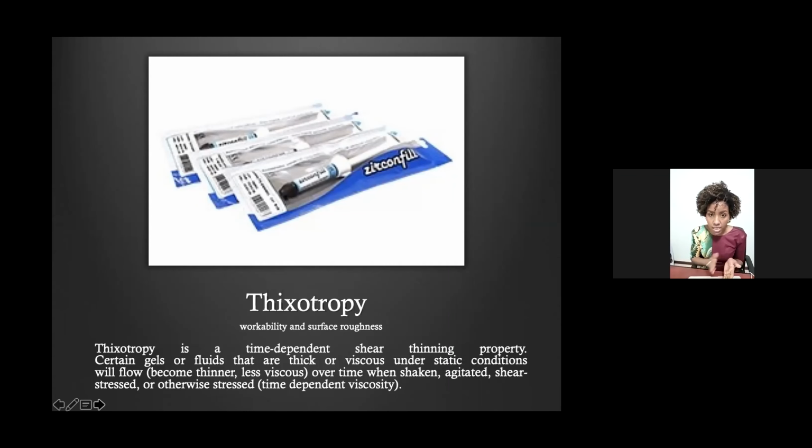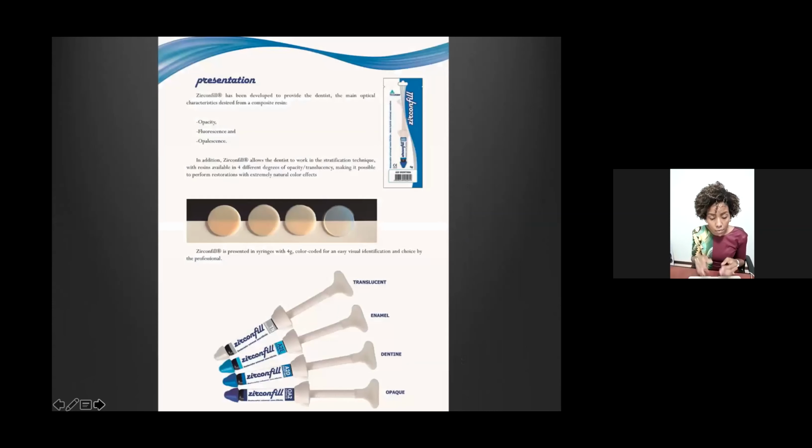Normally, when we are working with the resin, we have to take care of the light, because the time to work with light is reduced. But when we are talking about Zircon Fuel, the more time we are pressing it, the softer it becomes.